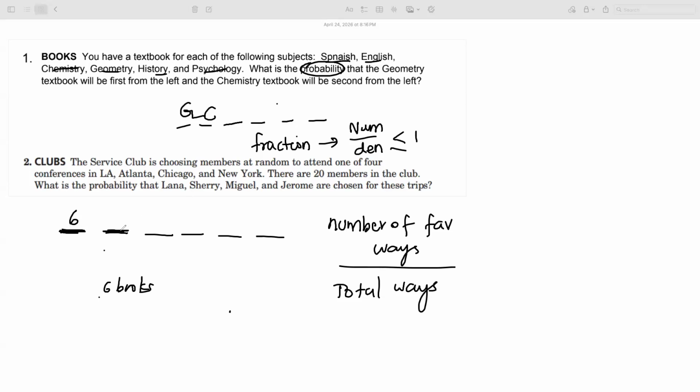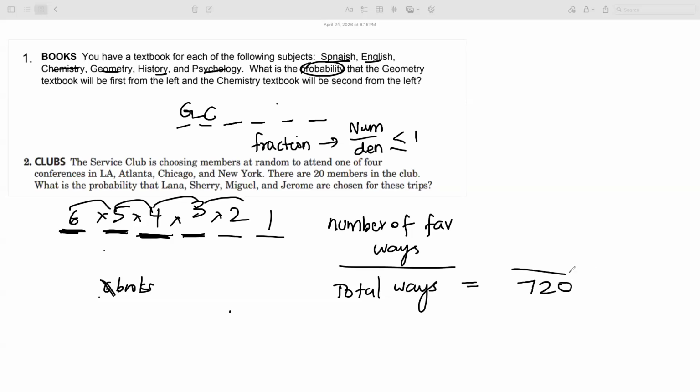So how many possible books do I have? I placed one book already, so 5 possibilities are there for this one. 4 possible, because I placed 2. Now how many possibilities here? 3, 2, 1. Now multiply all of them. 6 times 5 is 30, 30 times 4 is 120, 120 times 3 is 360, 360 times 2 is 720.